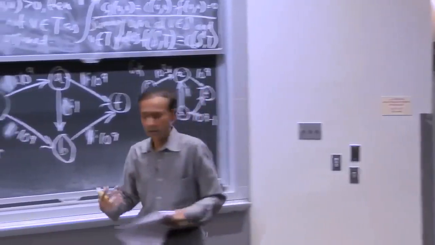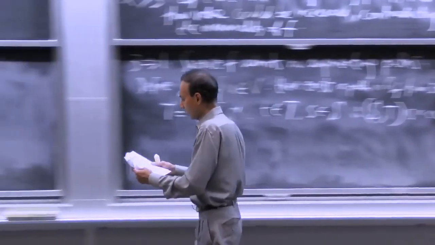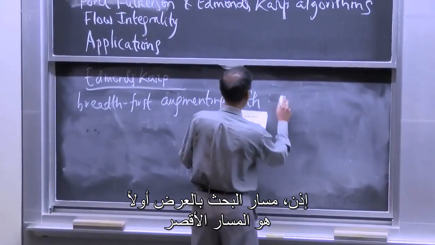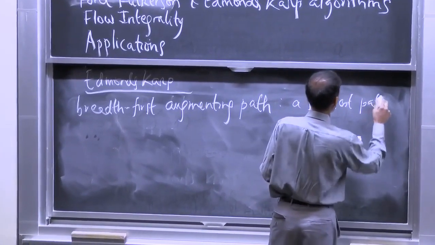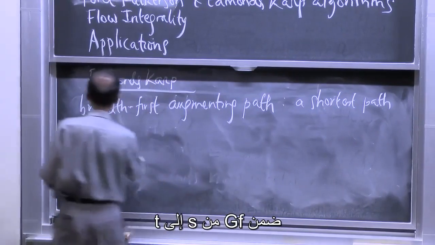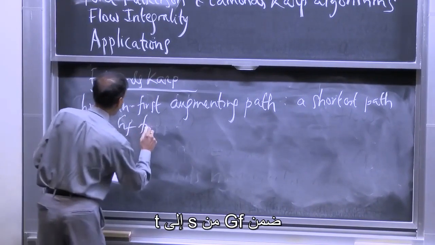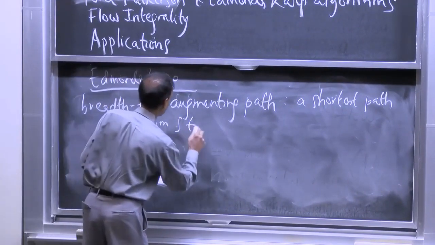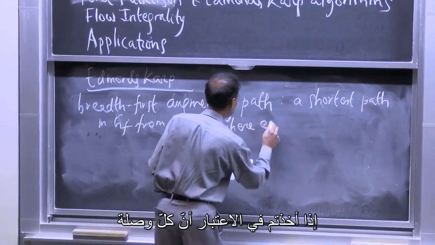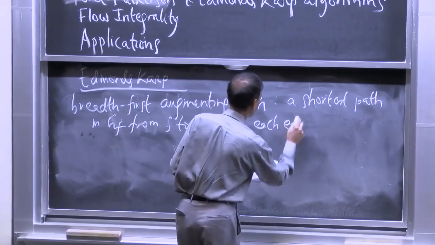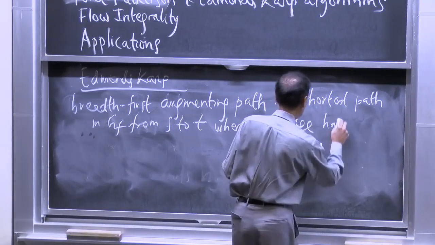Okay? So that was their contribution. And so the breadth-first path is the shortest path in G_f from S to T if you count where each edge has weight 1.